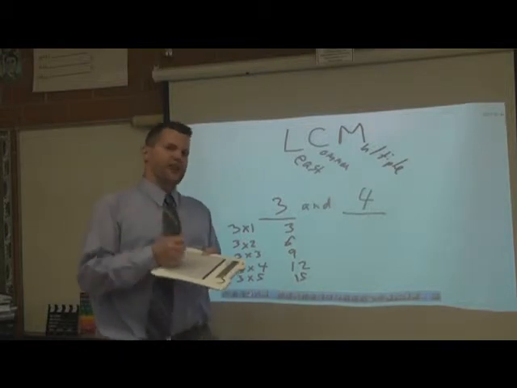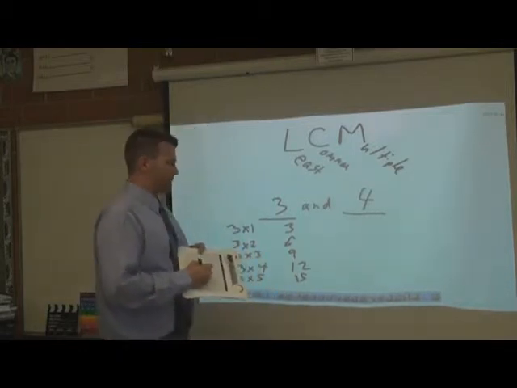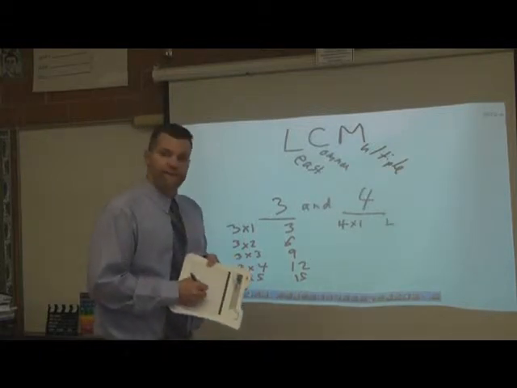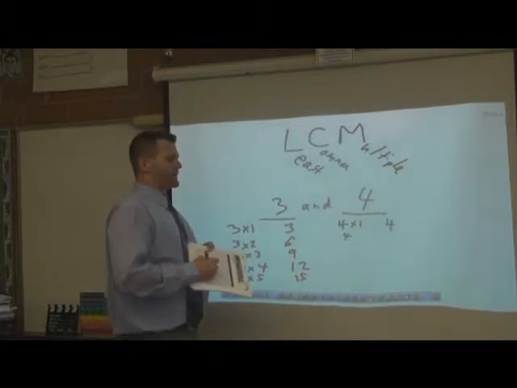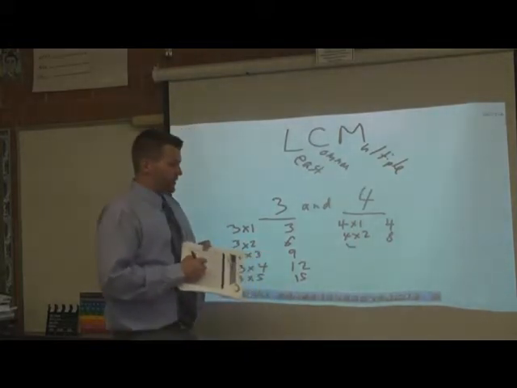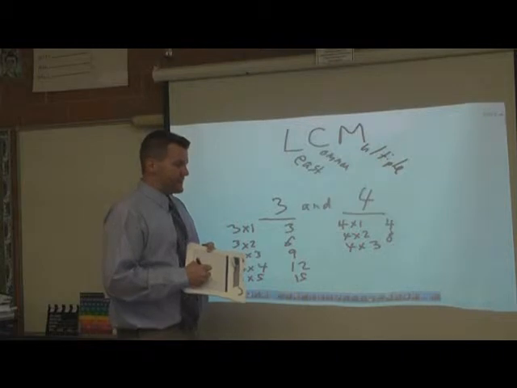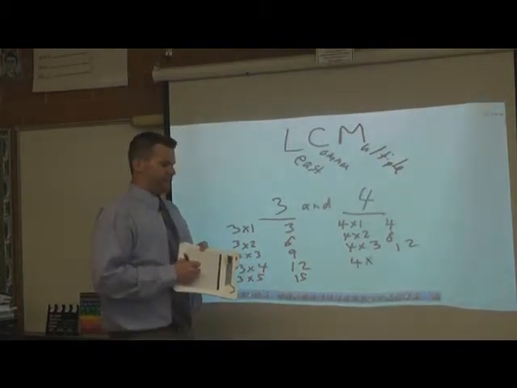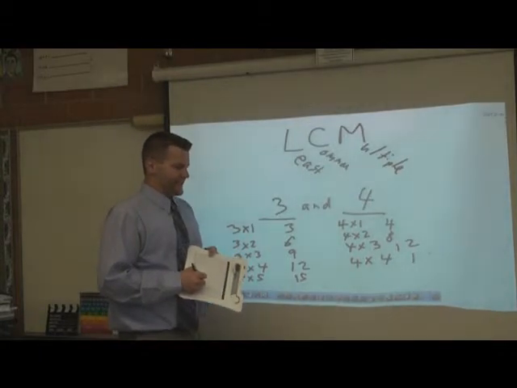Let's start on the other side too and work our way up here. 4 times 1 is 4. 4 times 2 is 8. 4 times 3 is 12. 4 times 4 is 16.